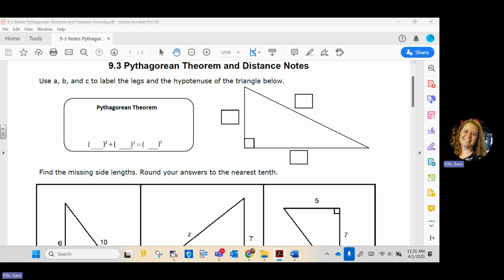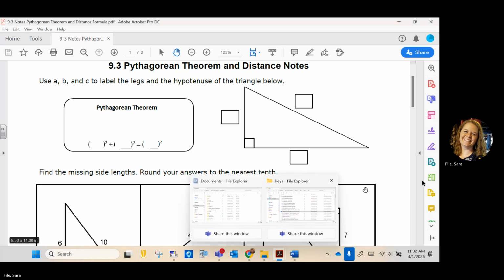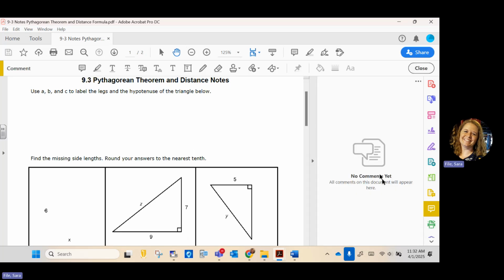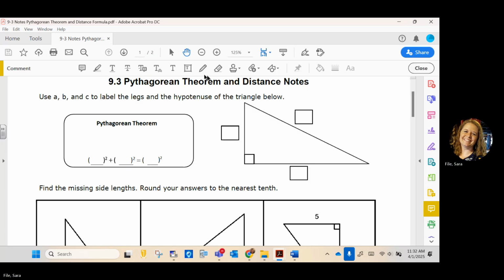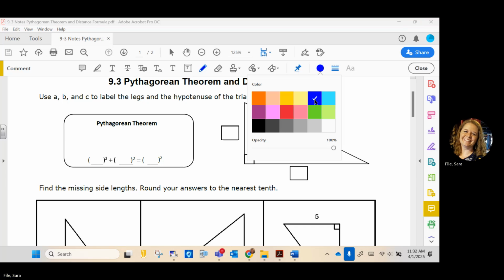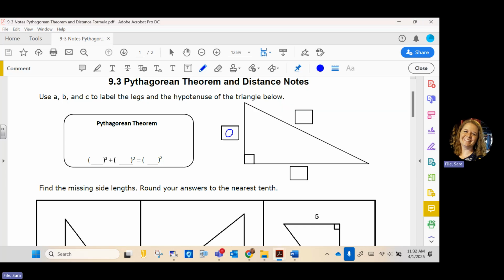Okay, so we label the triangle sides A, B, and C. Now, which you label A, B, and C does kind of matter.